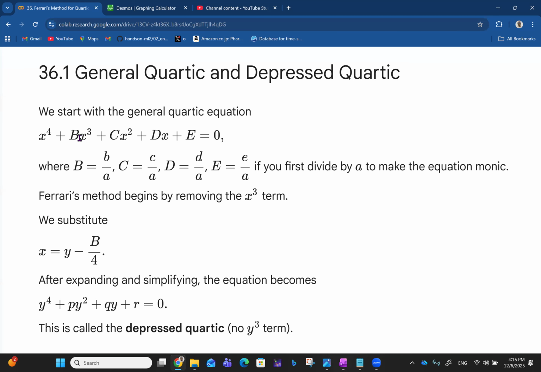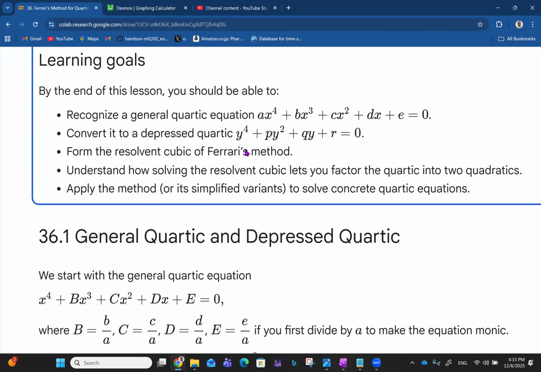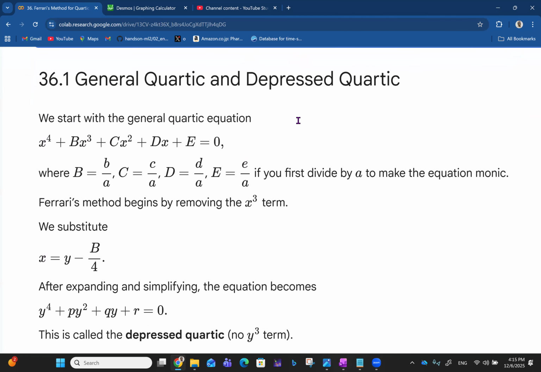If you divide the original expression through by a, then b becomes b over a, c becomes c over a, d is d over a, and e is e over a. The big B, C, D, and E are those corresponding letters over A. So if you first divide by A to make the equation monic, this is what we have now.